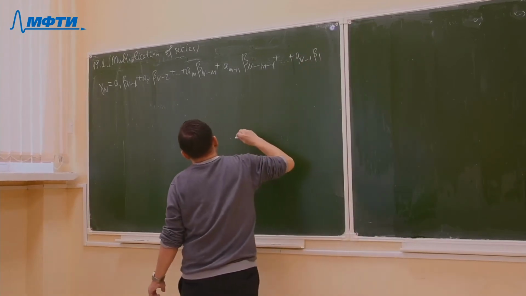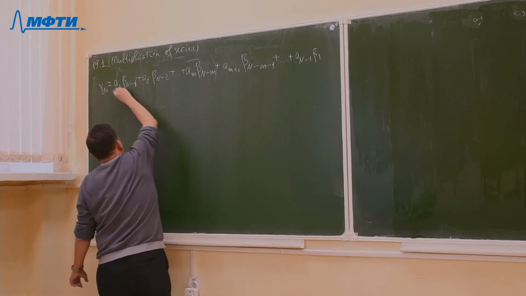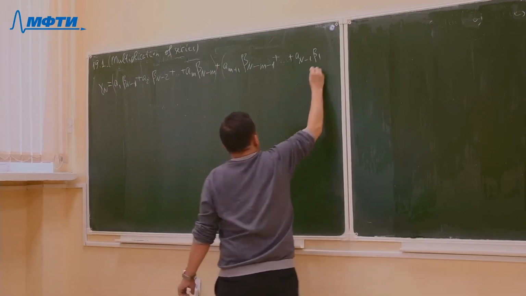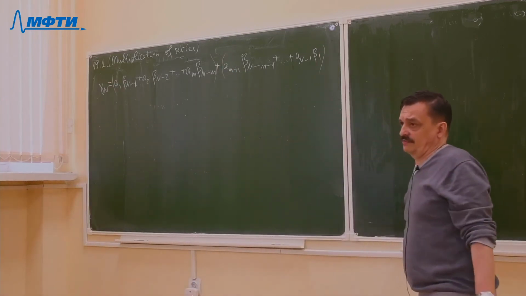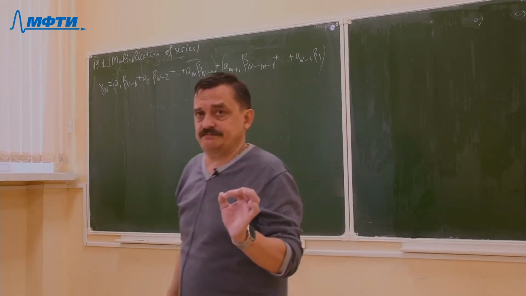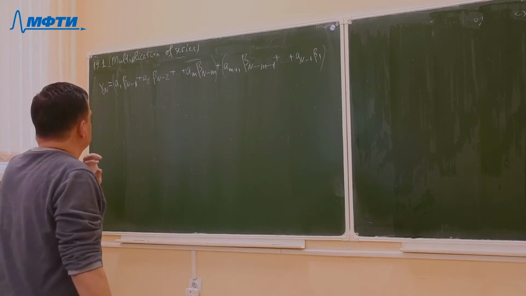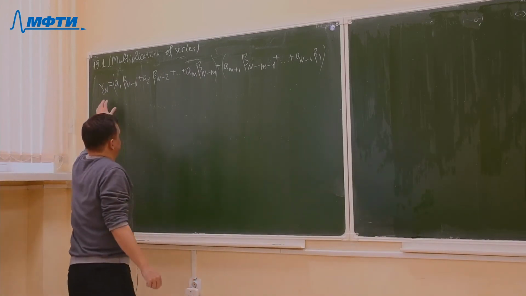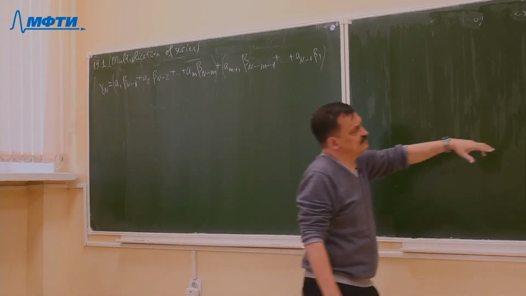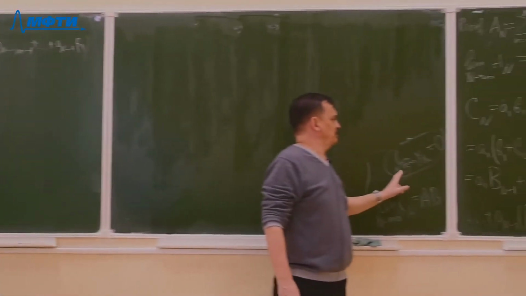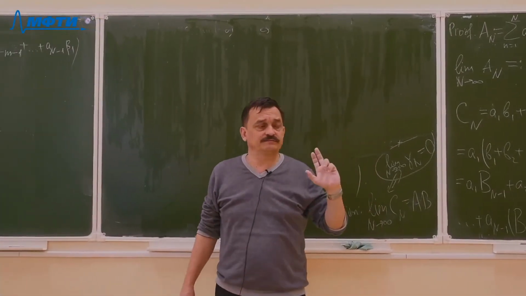So look, I split our gamma_N in a place. And so I want to prove that gamma_N tends to 0 as capital N tends to infinity, right?